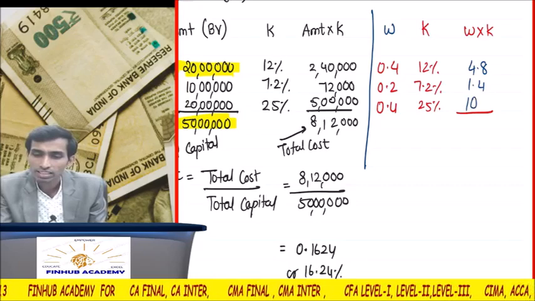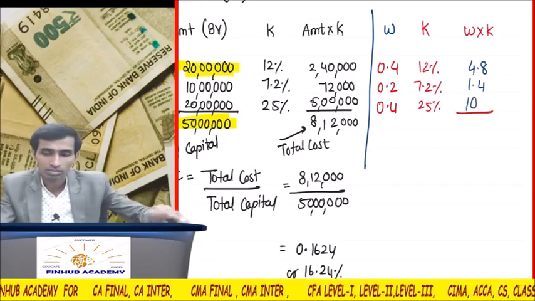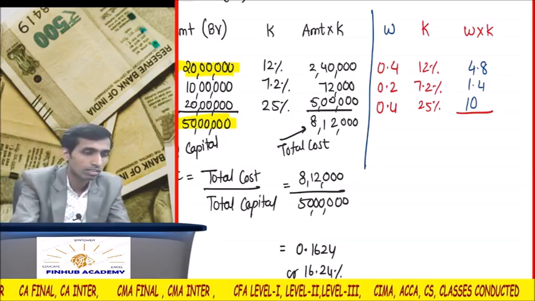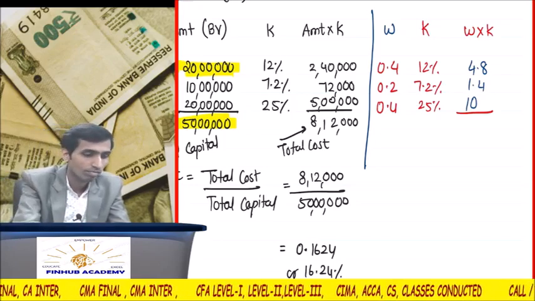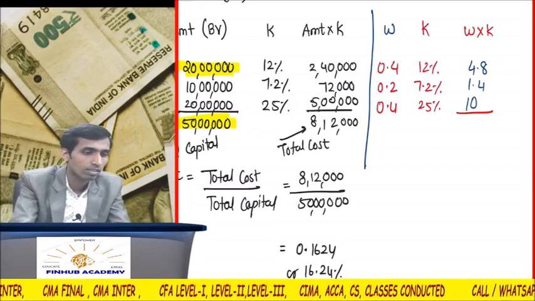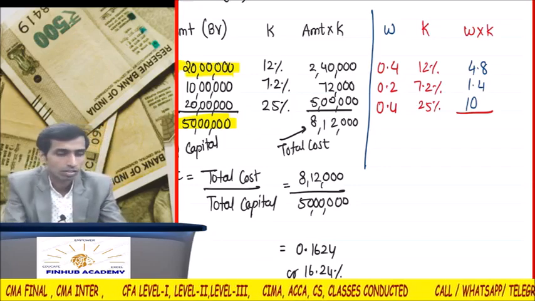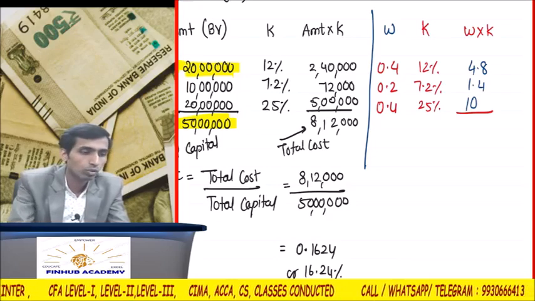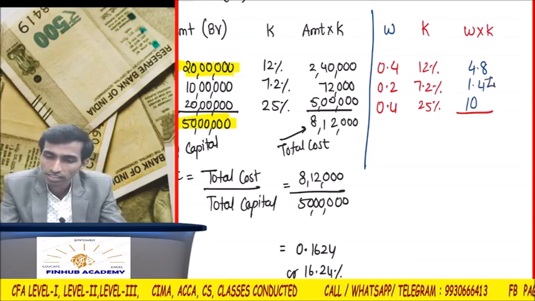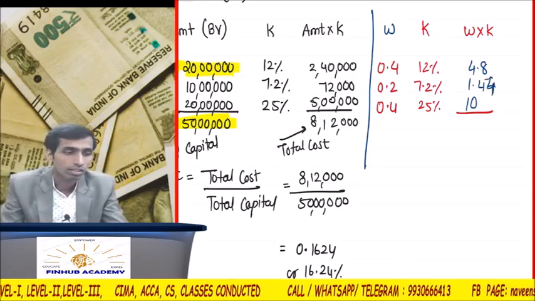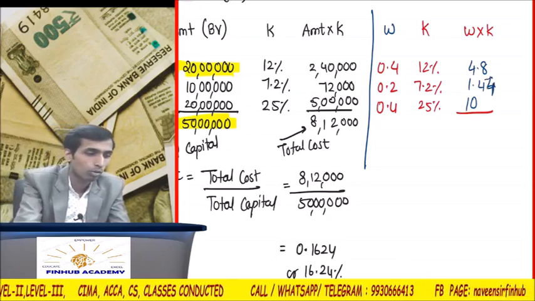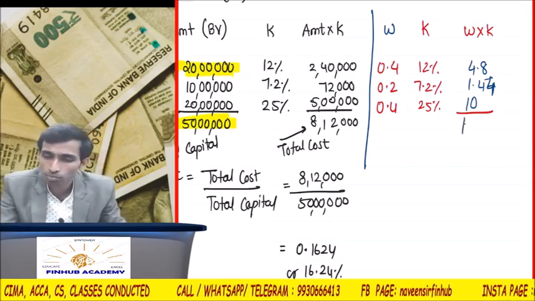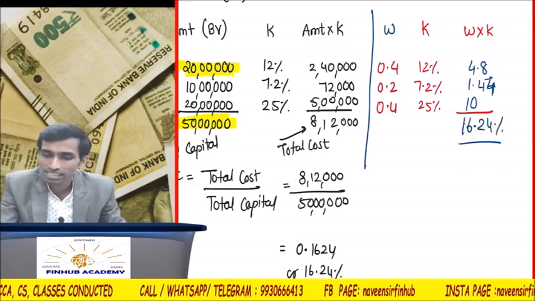How much are you getting? 7.2 into 0.2. Yes, it is 1.44 here. 1.44 plus 4.8 plus 10, 16.24%. 16.24%. See, is it the same?